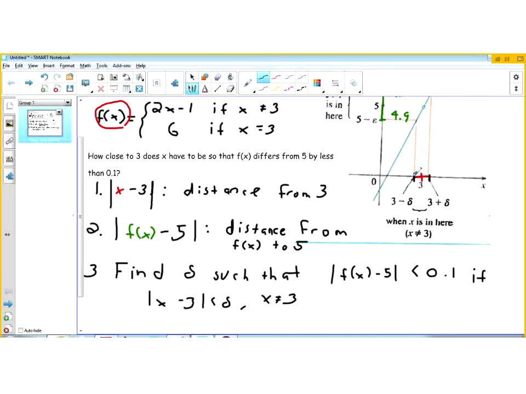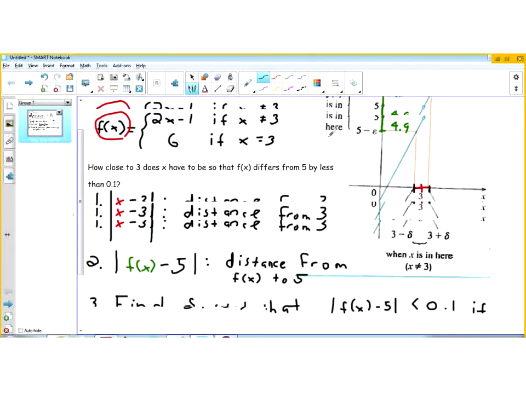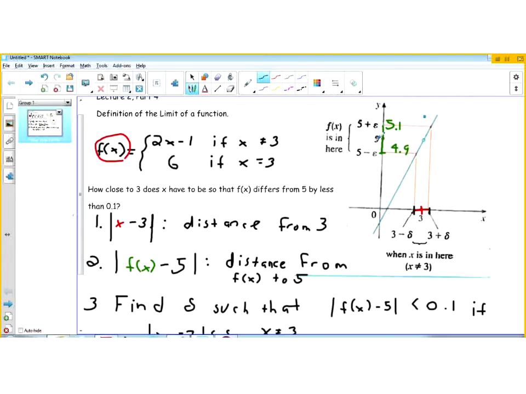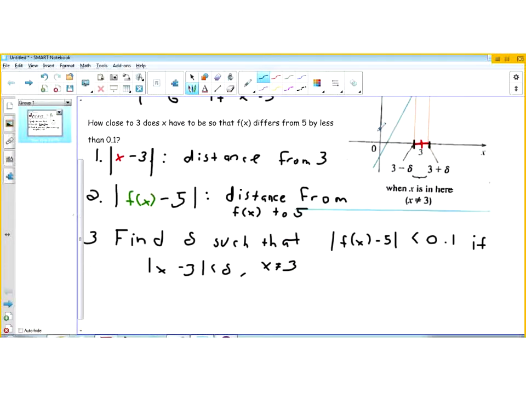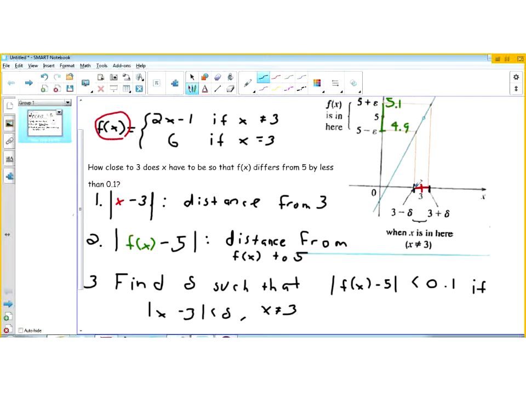So 3 minus delta would describe my left endpoint, and 3 plus delta would describe my right endpoint. All the numbers between those two endpoints would be values of x I can choose to plug into f of x, so that f of x never strays more than 0.1 units from 5. That's the task that we have to figure out. So the name of the game is to find this value of delta, which defines these endpoints, which defines a subdomain.